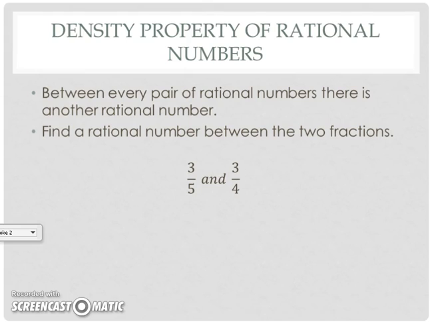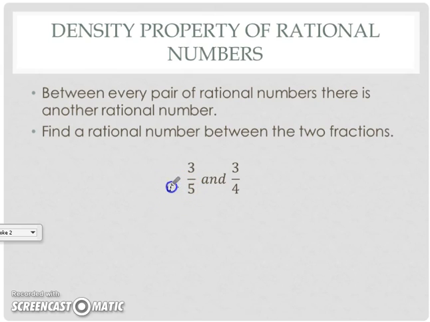But if they want just any number between these two fractions, any rational number, you can either convert them to decimals and find a decimal between the two, or rewrite them with a common denominator and then choose a numerator that would fall between the two. So as a common denominator, I see that it's 5 and 4, so I would choose 20 as my lowest common denominator.